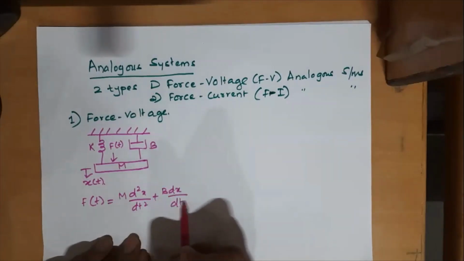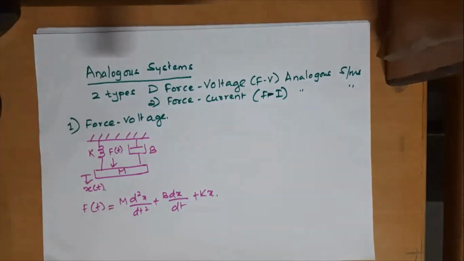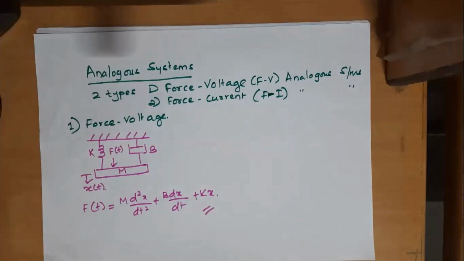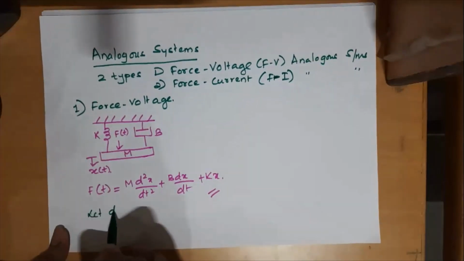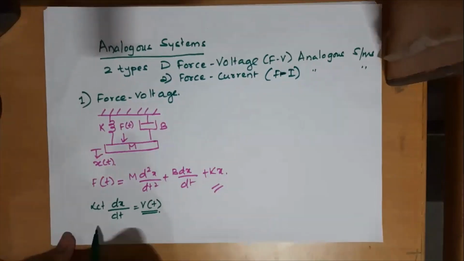The differential equation which governs the dynamics of the system is already known. It's very simple. Let us make one small modification in this equation by considering dx by dt as velocity, the rate of change of displacement.